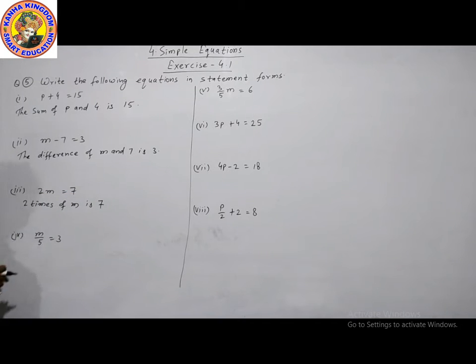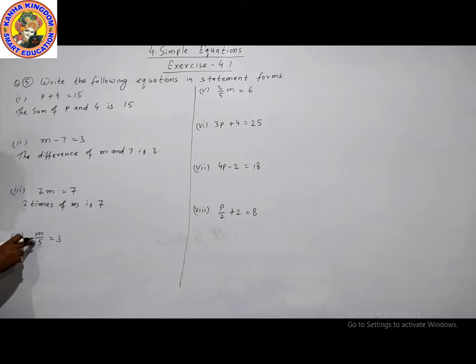Now this one, m upon 5, 1 upon 5, the number is 1. 1 upon 5 means 1/5.